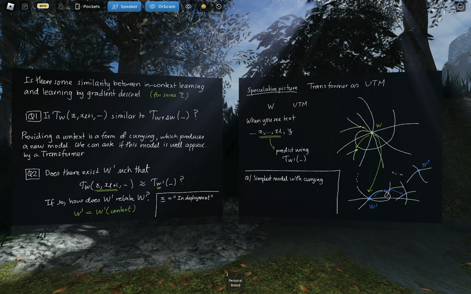Does anyone else think of the original transformer T_W, given a point in a vast weight space W, as a gigantically complex joint distribution of all possible sequences of tokens, and therefore given a prompt, you're conditioning?